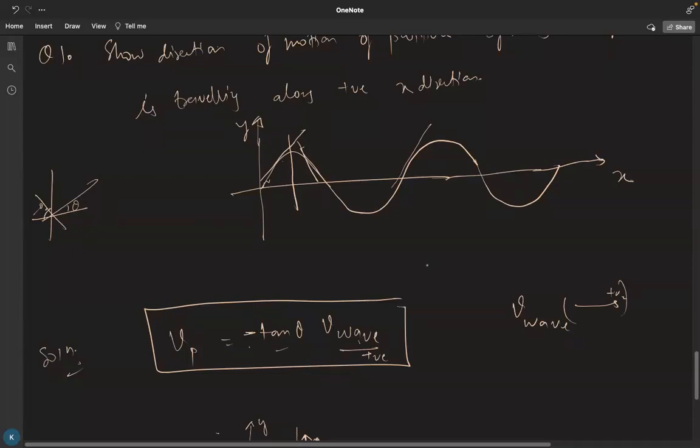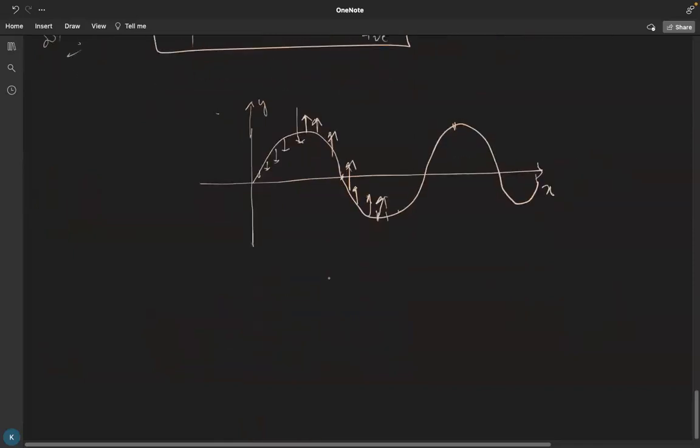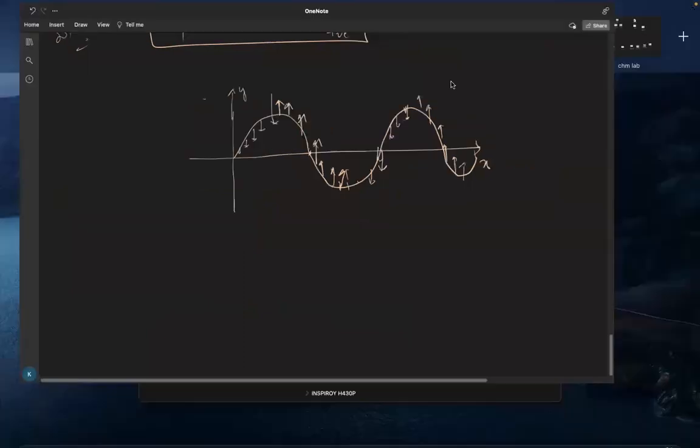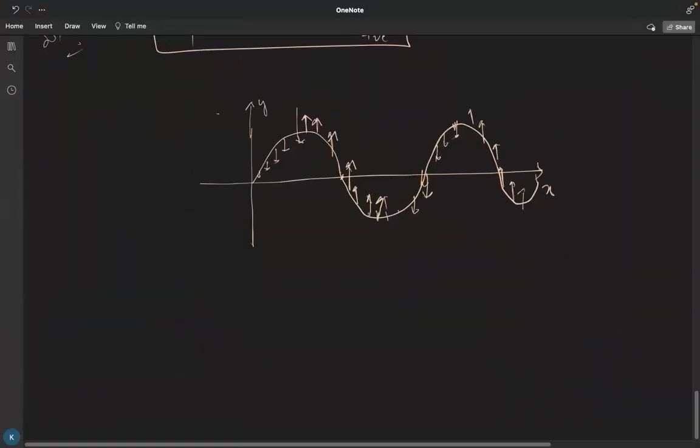So here we will get the velocity again in the downward direction, and from this to this region, again a velocity in the positive direction. So let's continue like this. I hope this question is clear to all of you.